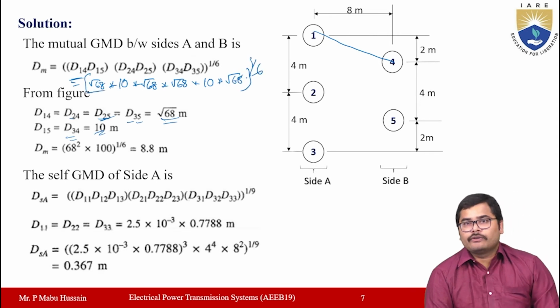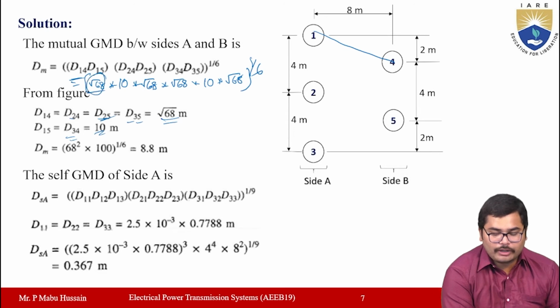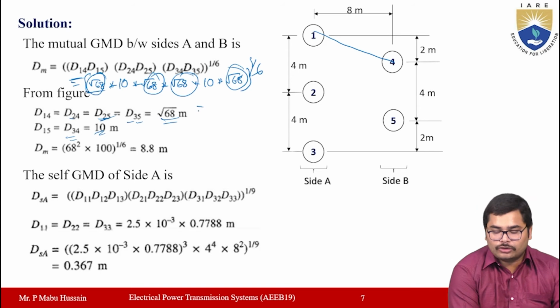Here you are having 1, 2, 3, 4, so root 68 whole power 4, multiplied by 10 square, whole to the power of 1 by 6 you can write.